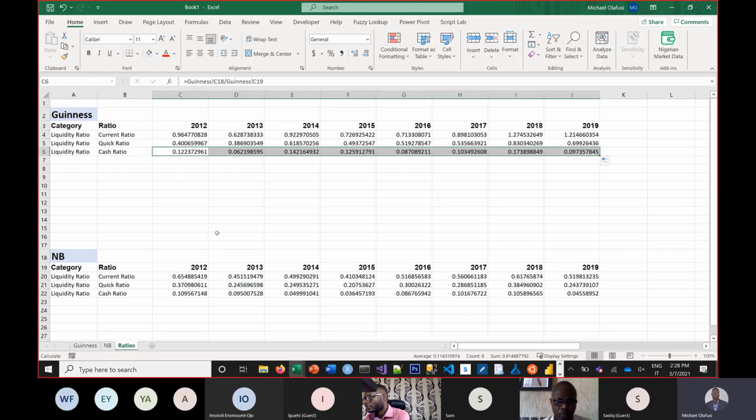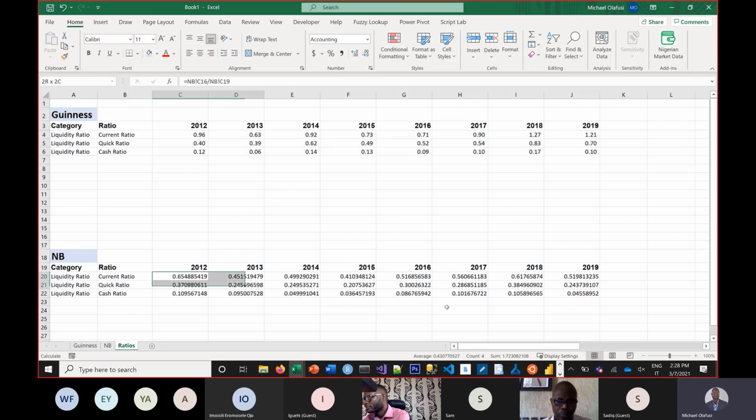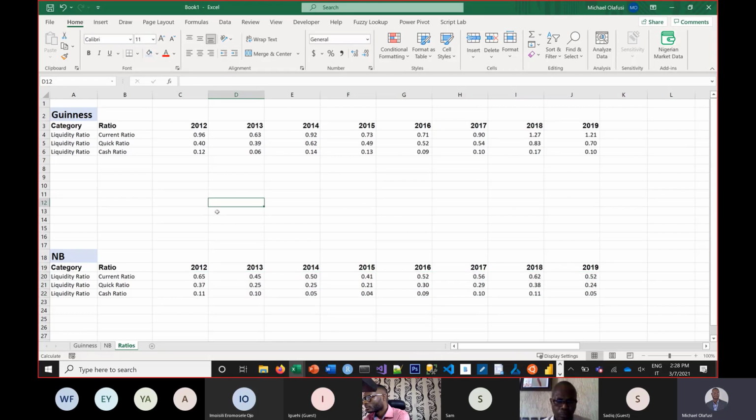To make this easy to read, I'm going to make them 2 decimal places. Let me check my time. Let's do everything, then we can compare afterwards.